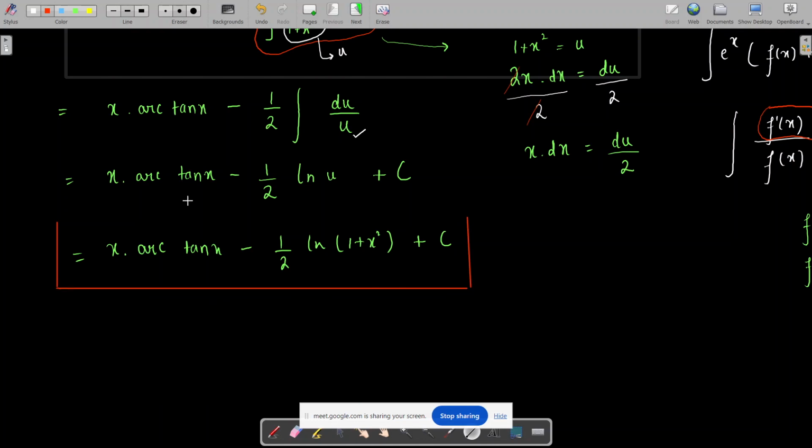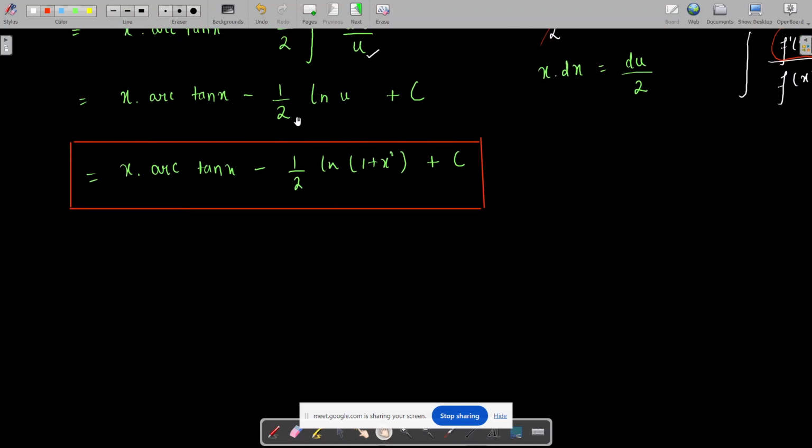And if you're taking some objective exam, you might see this final answer in different forms. They might write this as x arctan x minus ln of the square root of 1 plus x squared.